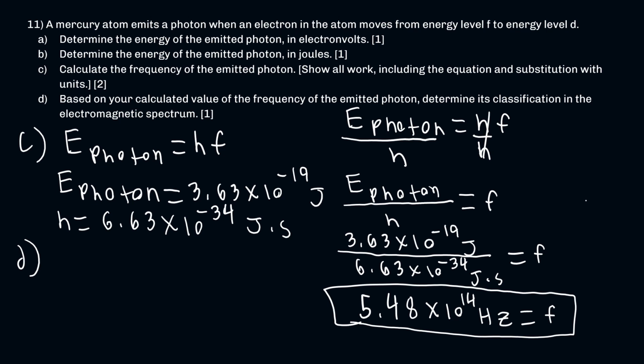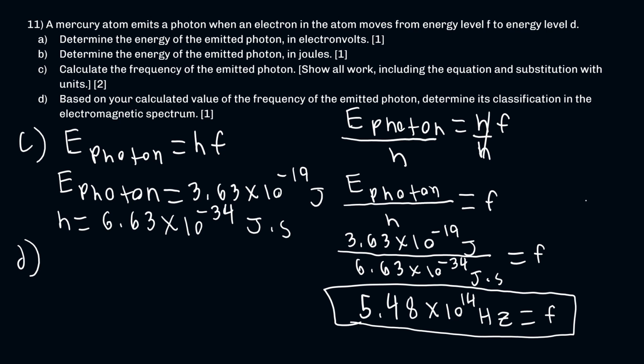So the first one again here, red, 3.84 times 10 to the 14th to 4.82 times 10 to the 14th. It's not going to lie in there. So I move over to orange. That's 4.82 to 5.03. It's not going to lie within there. Looking at yellow, 5.03 to 5.2. It's not going to lie in there.